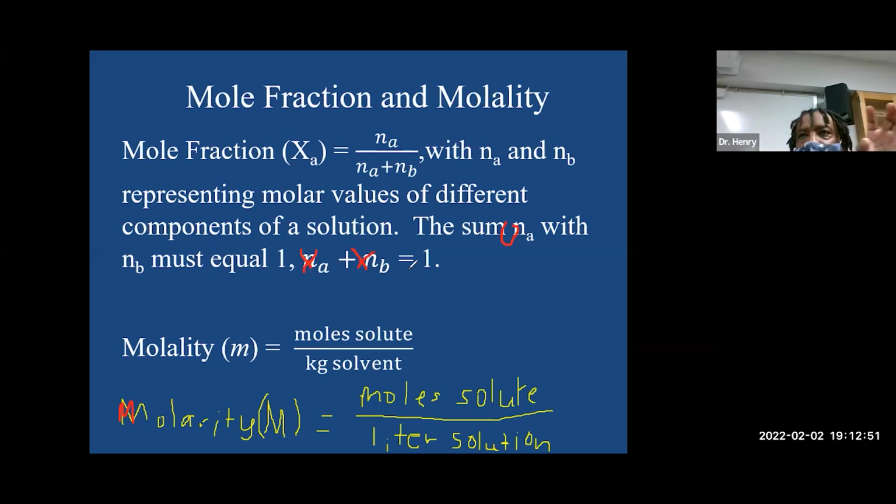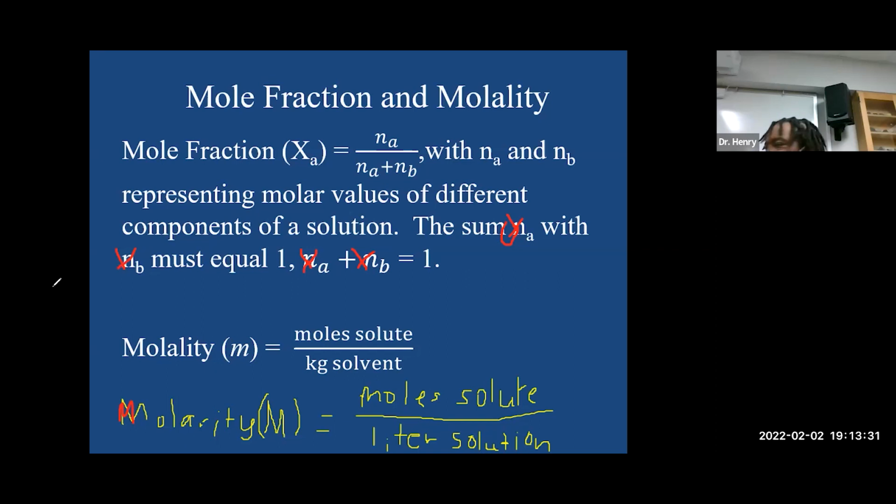The mole fraction of A plus the mole fraction of B should equal 1, and that makes sense. This should be XA, XB, so it shouldn't be A and B. Does that make sense to you guys?